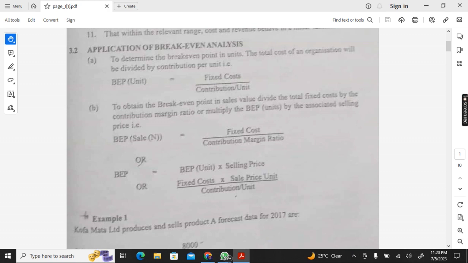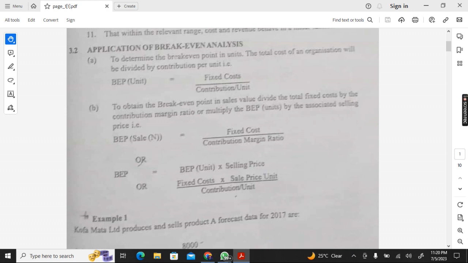How many sales of goods can we sell in the month of December to achieve this amount? So that's how to calculate our break even point in sales or in naira. But in units, it is how many units of goods can we produce to generate the total cost.